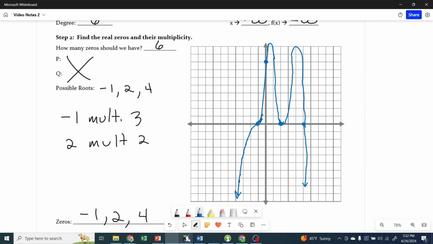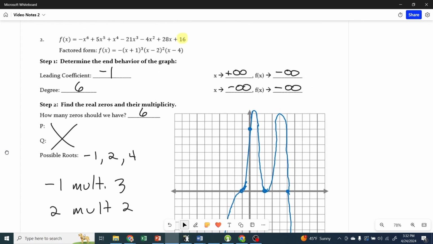So let's see what we get when we graph this function.